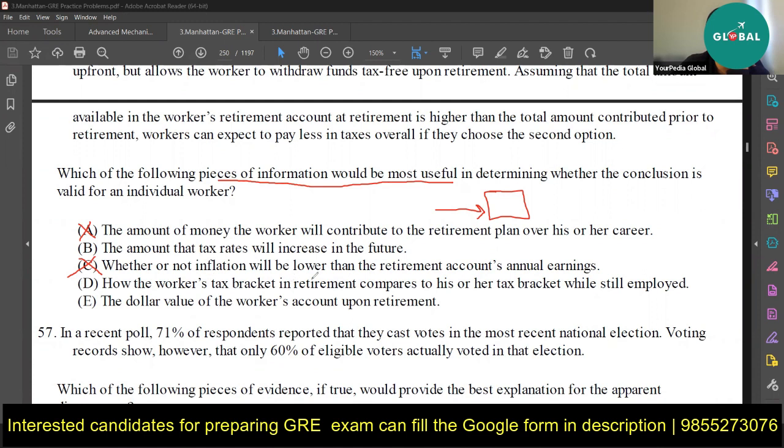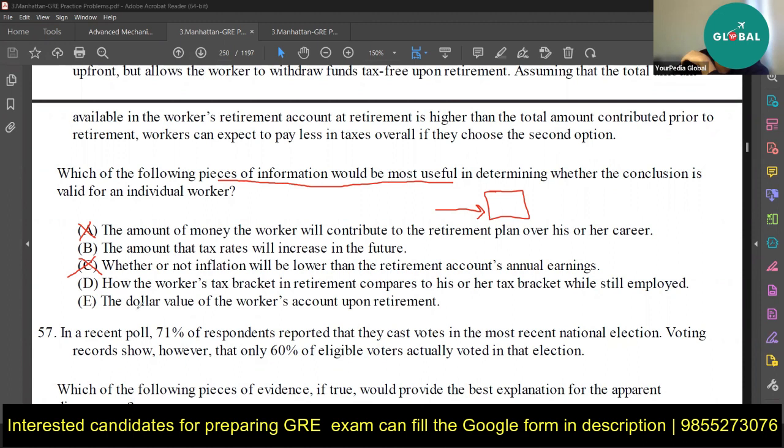So we need this piece of information: while he's retired and while he's still employed, how much tax he has to pay. If that is different, then this whole argument is incorrect. So D is very similar to the answer choice which I was explaining to you.